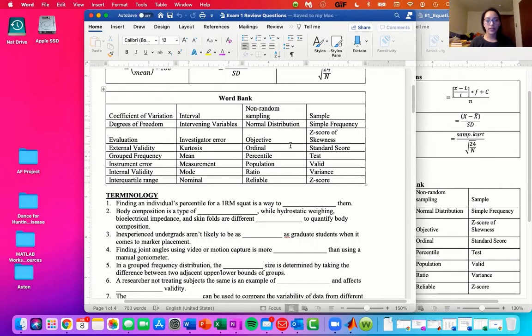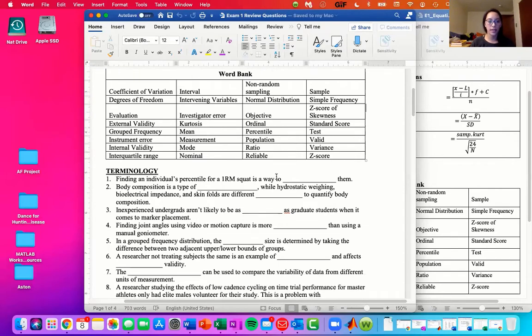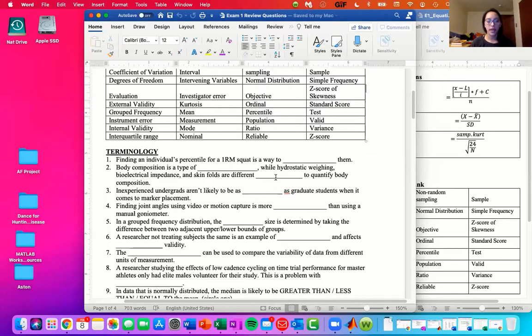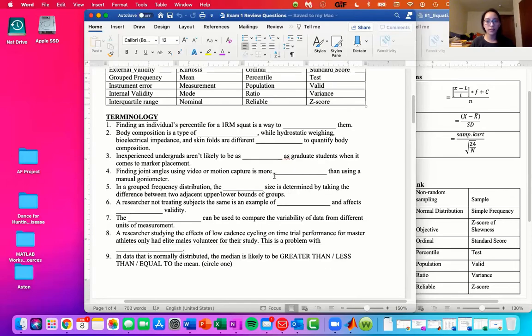Word bank, this is terminology that I think is relatively important. So you'll have a section in the exam that is pretty much fill in the blank answers. Sometimes it might be a better format for me to put a short answer if you're listing items.